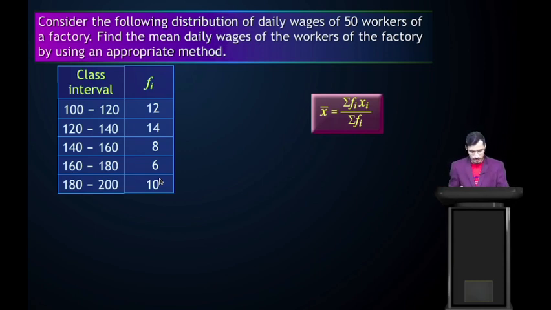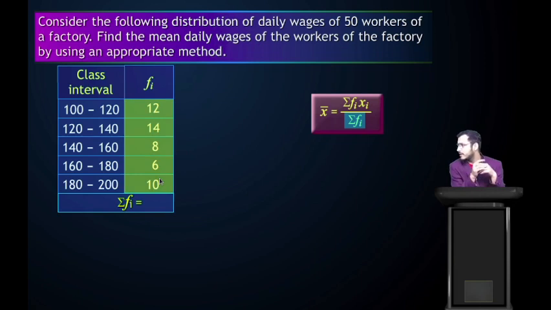Now, what will we do here? First we find sigma fi, the summation of all the numbers. So add all the numbers: 12 plus 14 plus 8 plus 6 plus 10. So we get 50 here.